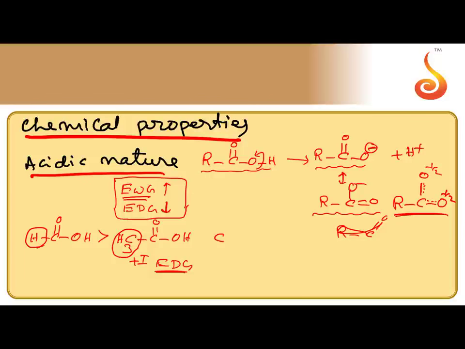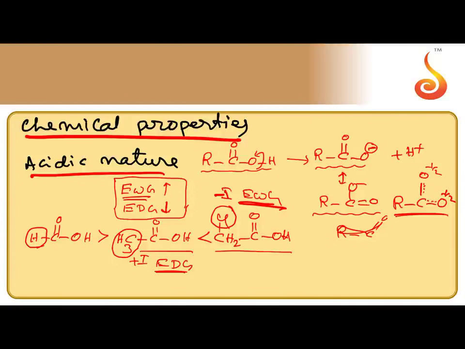Next one, let us take CH2Cl COOH. You compare acetic acid and alpha chloroacetic acid. In between these two, since chlorine is minus I group and electron withdrawing group, so when compared with acetic acid, alpha chloroacetic acid is more acidic.